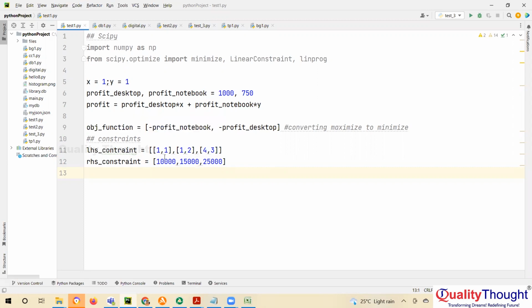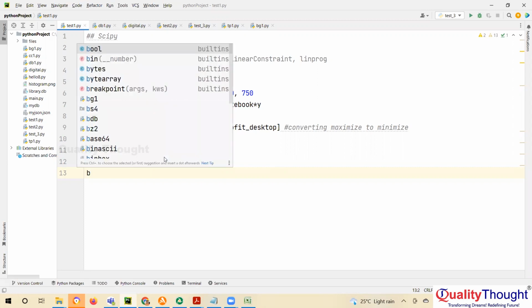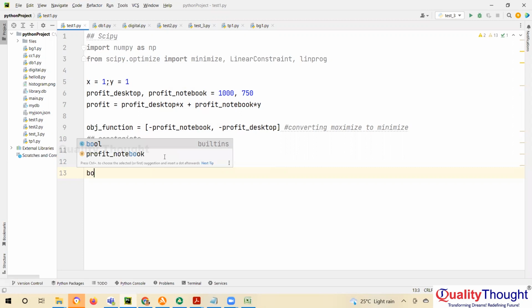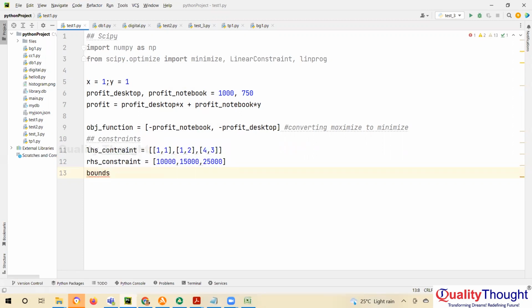Bounds are the limits that these values can take, given as a list of tuples. This is where I'll give the bound for the first, which is desktop.